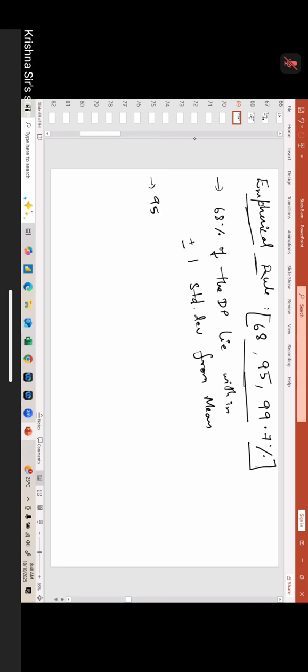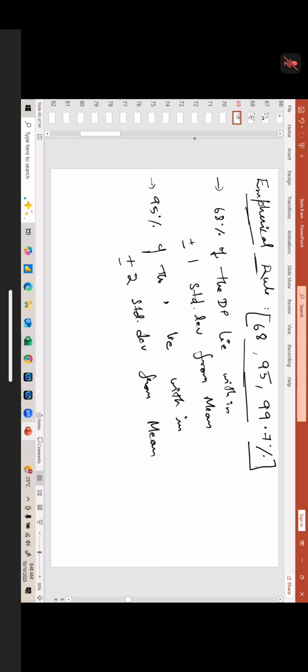Next, 95% of the data points lie within plus or minus 2 standard deviations from the mean.